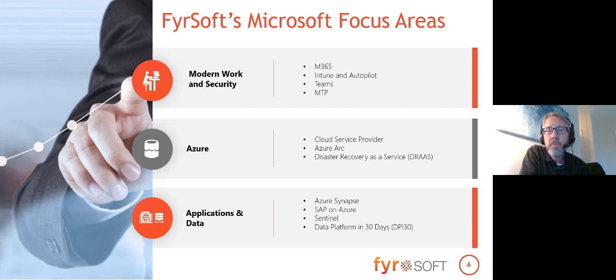We have another group that's focused on spinning up Azure environments. We're working with the Azure Arc team. There'll be more coming out on that later this year, in a couple of proof of concepts that we're doing there. Setting up disaster recovery, just doing all of the cloud configuration things.